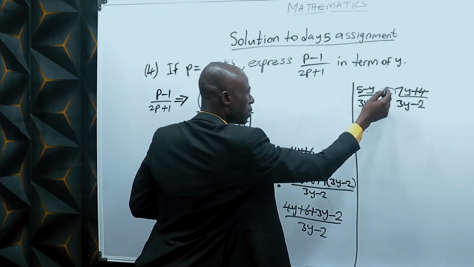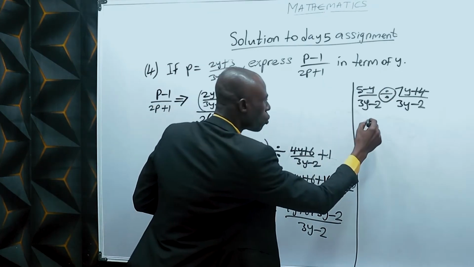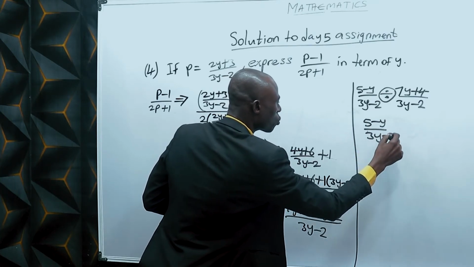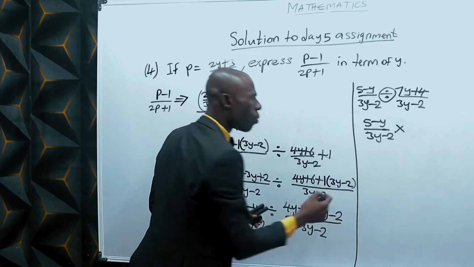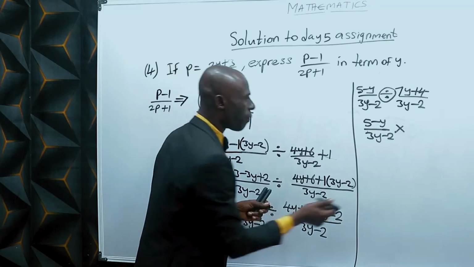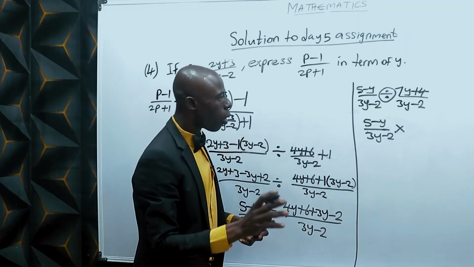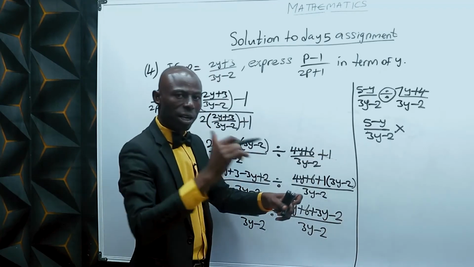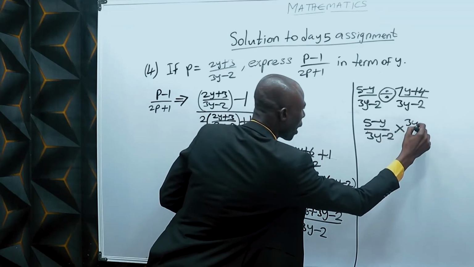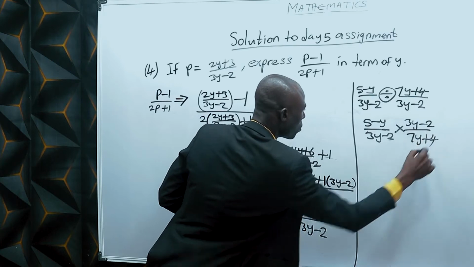Wherever you see the division operation, it turns to multiplication. So you have 5 minus y over 3y minus 2 times. When you change the division operation to multiplication, the divisor will turn upside down, because multiplication is the inverse of division. So you will inverse it. You will write 3y minus 2 all over 7y plus 4.